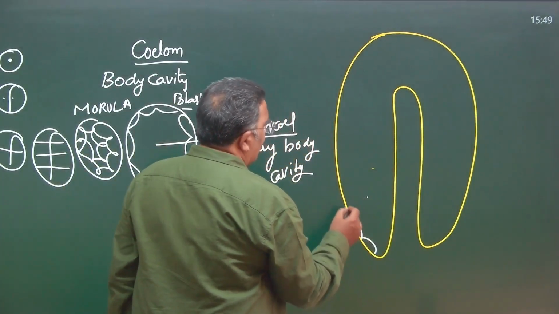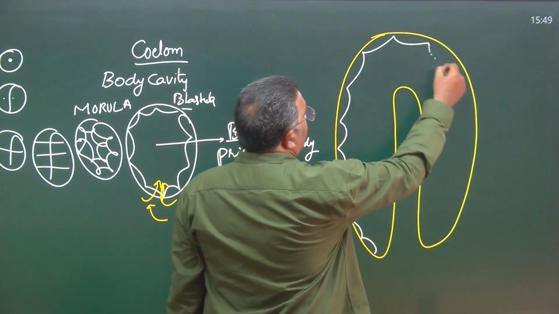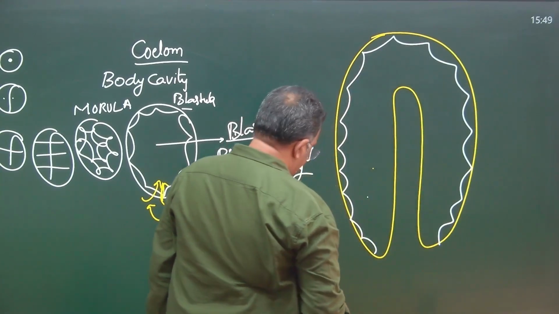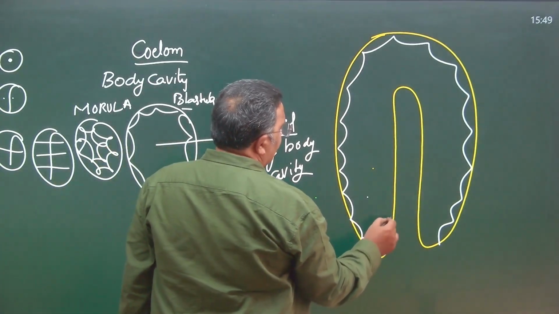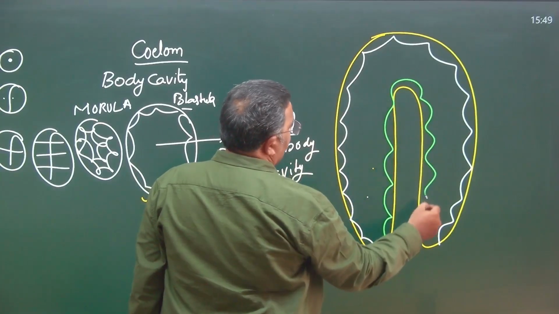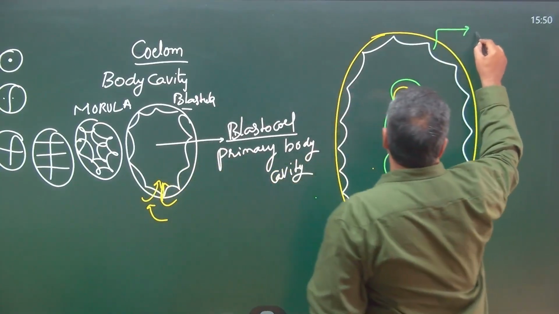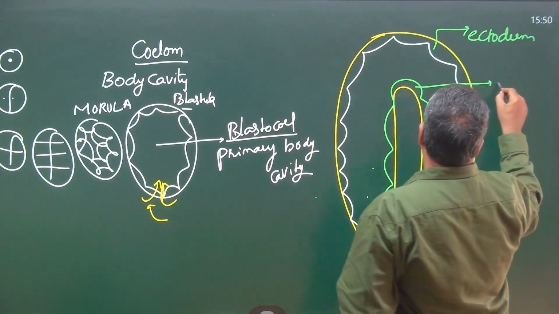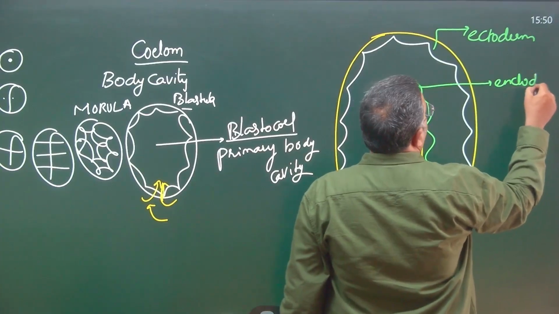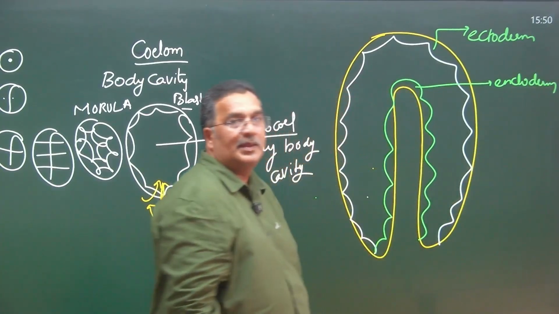In the gastrula, I think you know this because we learned it many times in the previous classes. We said the outer layer is ectoderm and the inner layer is endoderm.